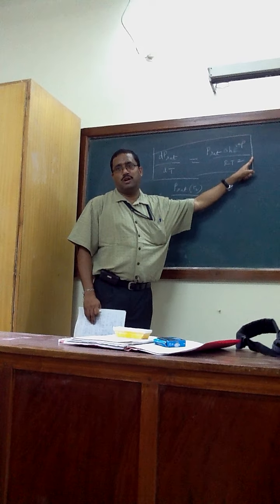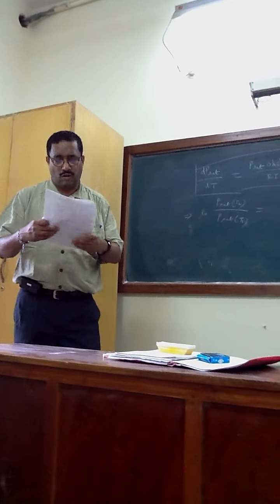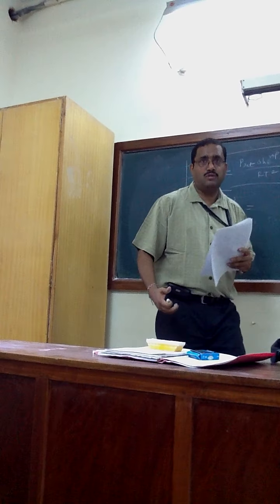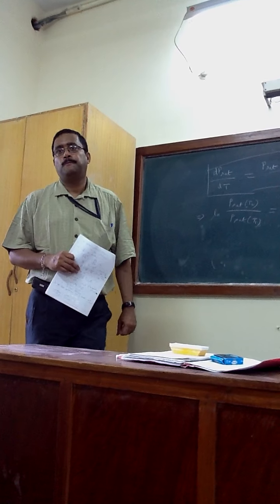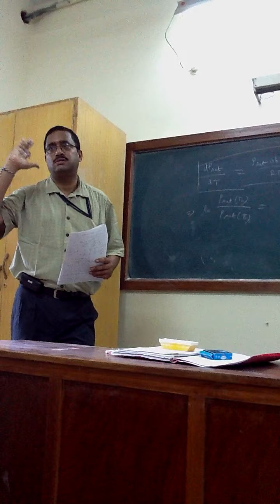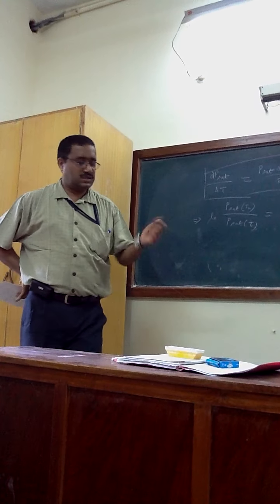Take the integral from T1 to T2. What will you get? 1 by T1 minus 1 by T2? No, the right hand side is something else. What is the right hand side? Just one hand please. Who can volunteer?